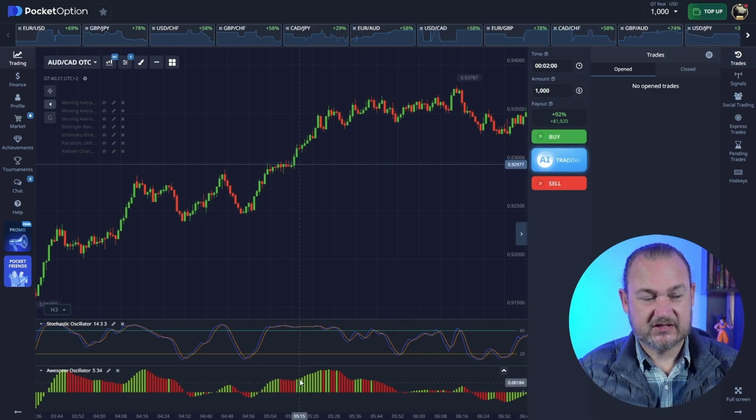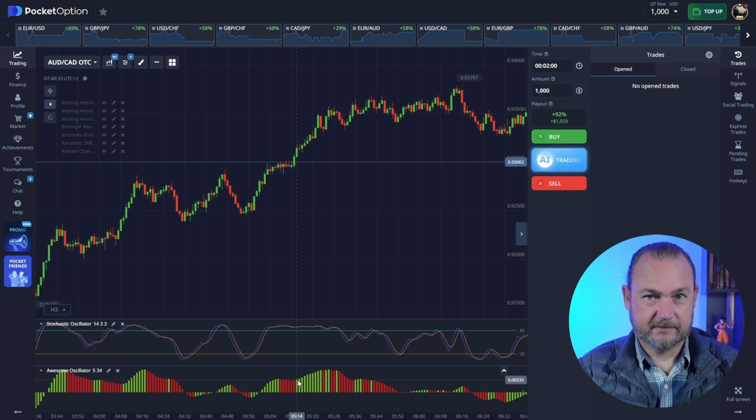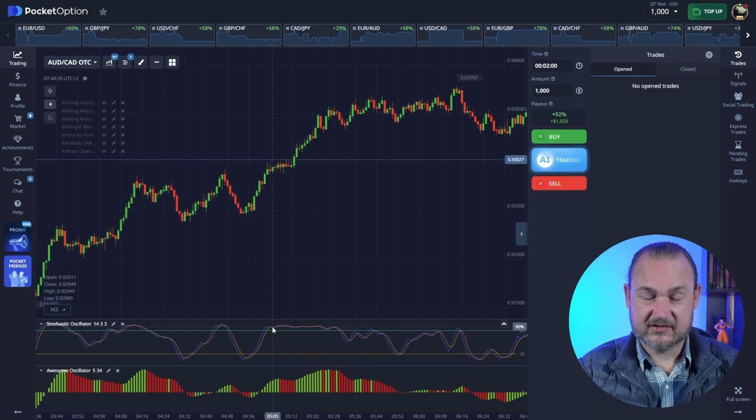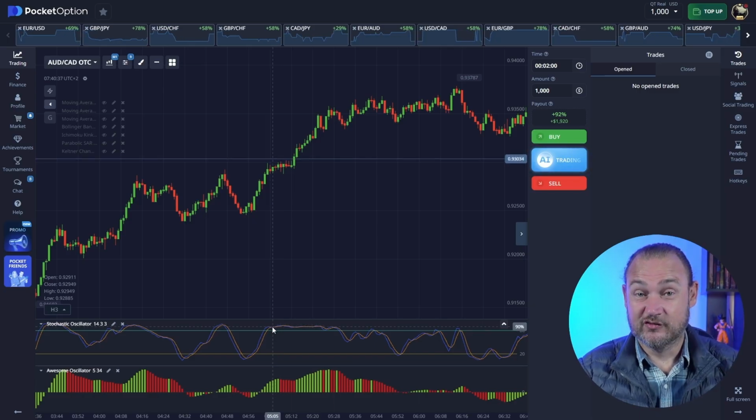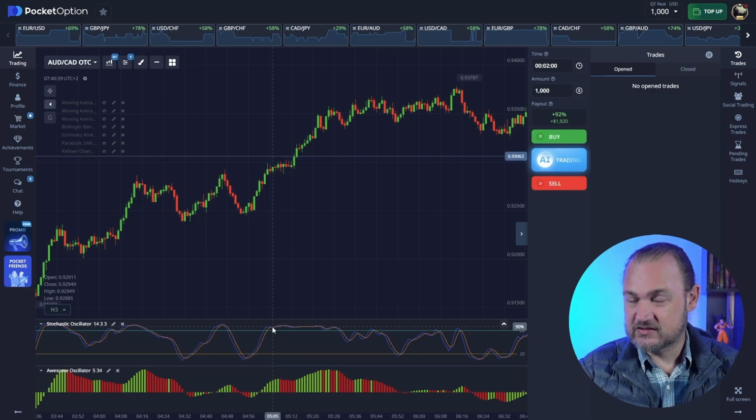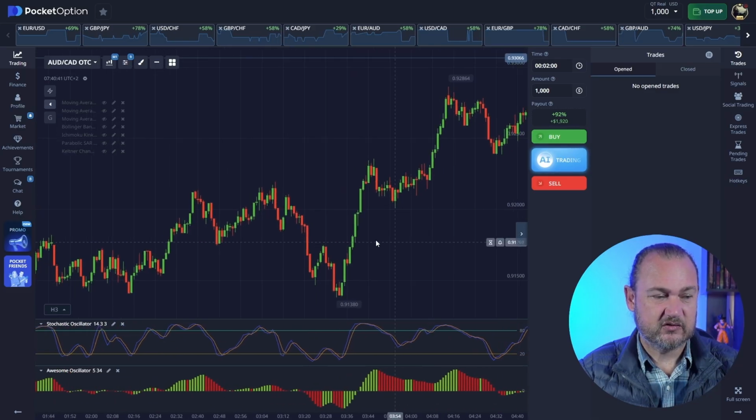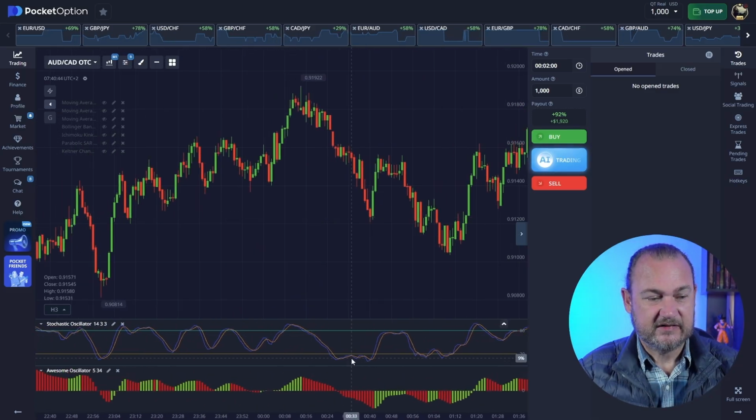So at this point here, we can see that the oscillator was coming down a bit and it started increasing again on this histogram bar here. So this would be a buy entry for me. So while the stochastic is in overbought, we're going to look for buys. And while it's in oversold, we're going to look for sells.